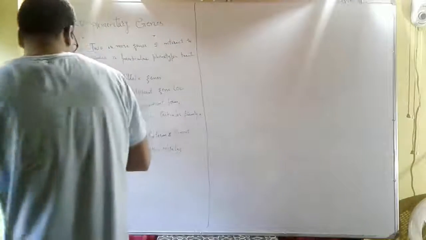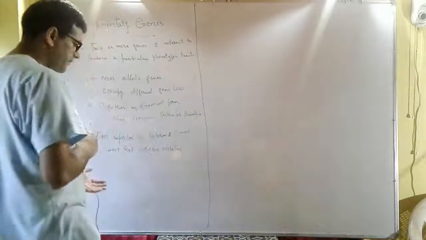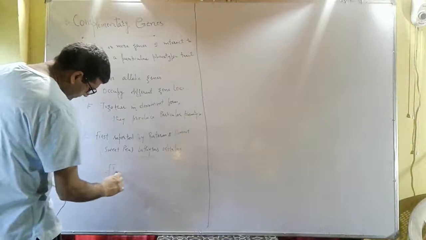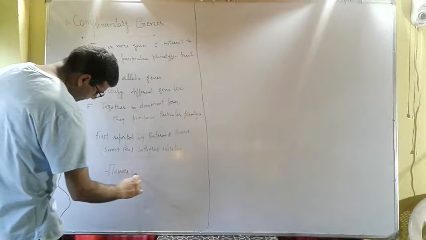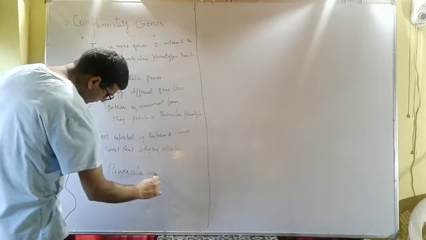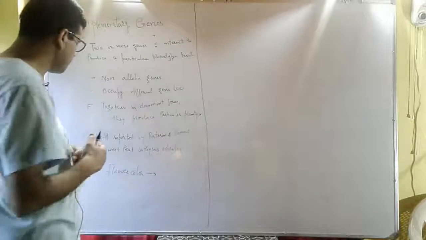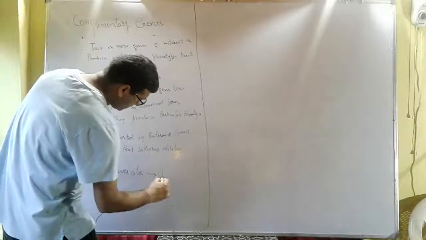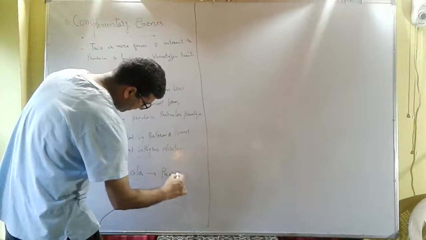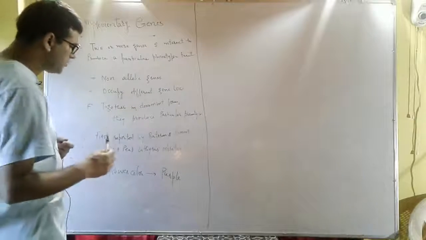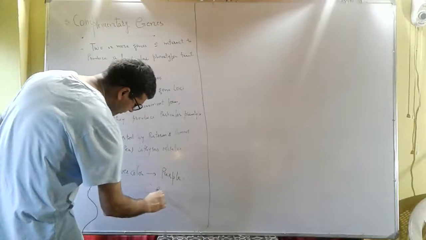In case of sweet pea, we have flower color. It is controlled by complementary genes. The flower color is purple if dominant alleles of both the genes C and P are present.